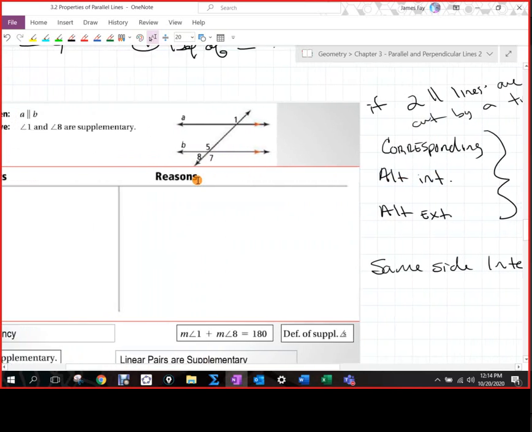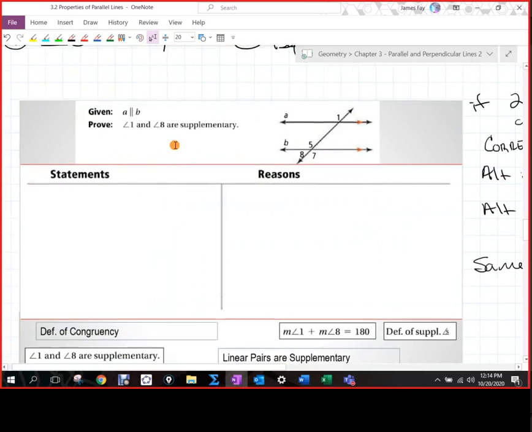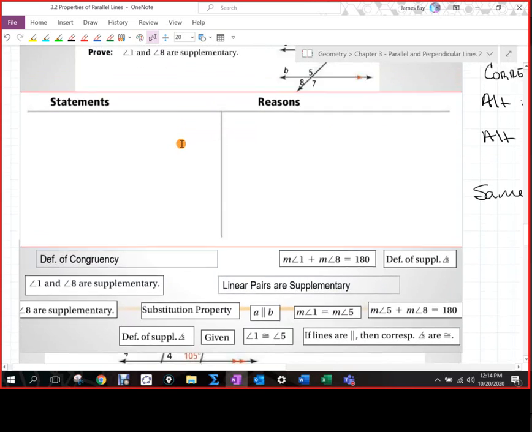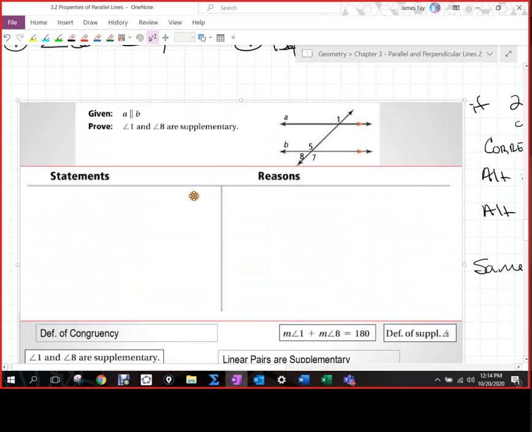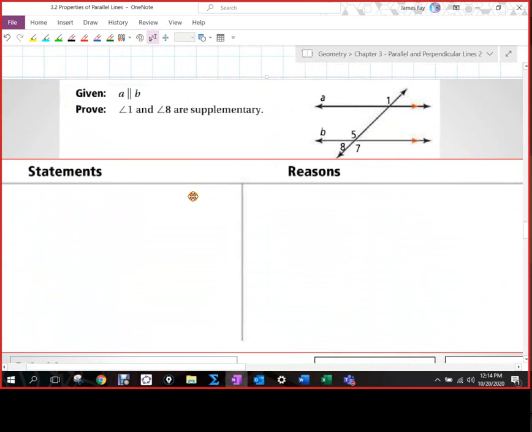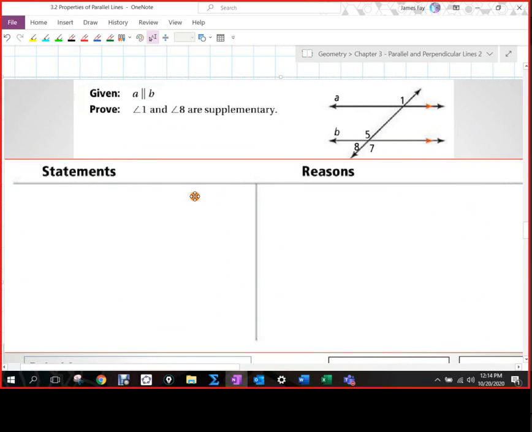I want to do a proof here. If you look at your notes, I know you're printing your notes out. I want to do this proof systematically, and this is another idea about theorems.